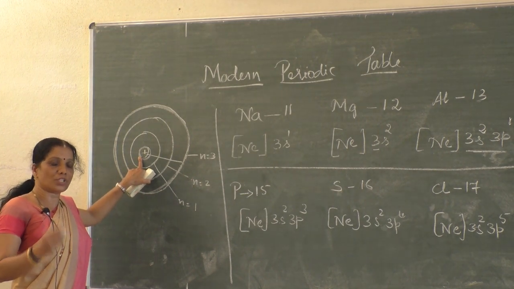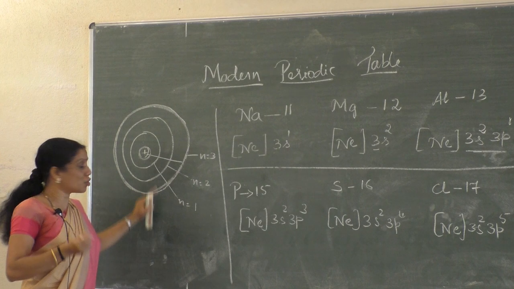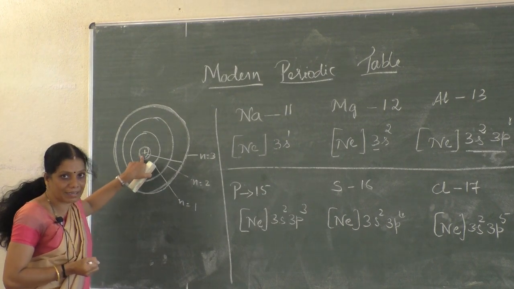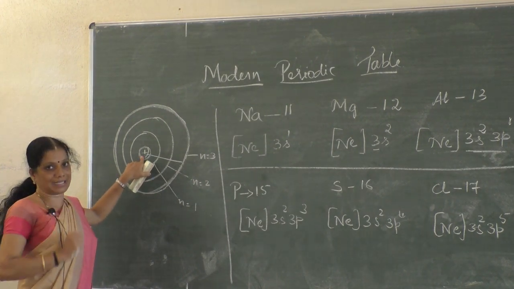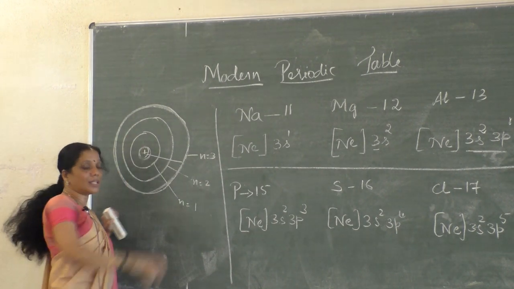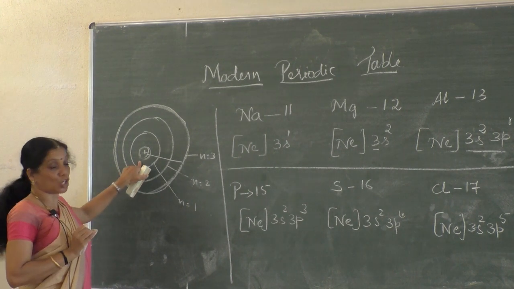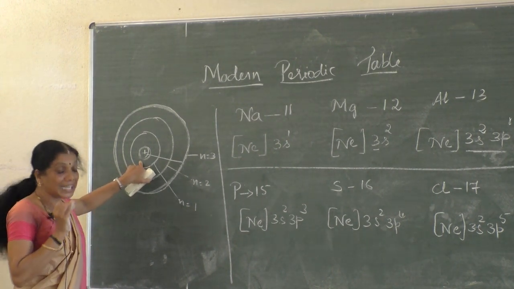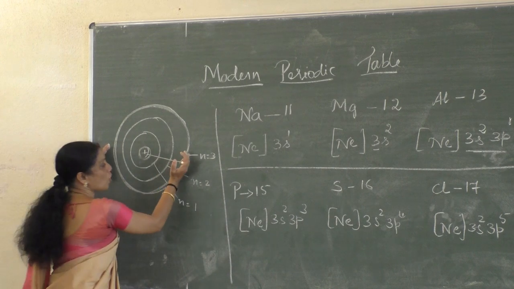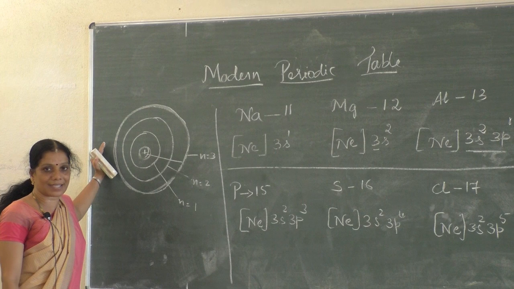Increase in the nuclear force is nothing but the attractive force due to the positive particles. What happens? It increases. As the nuclear force of attraction, that is the attractive force by the protons, positively charged particles, increases, electrons come closer to the nucleus.